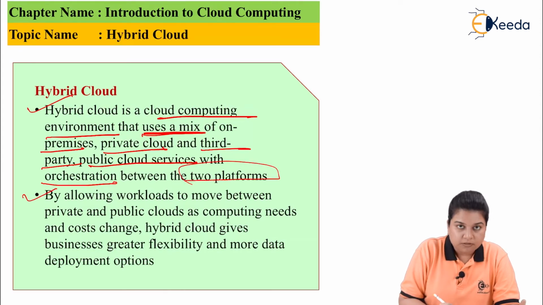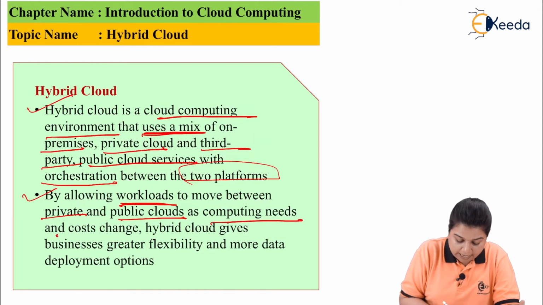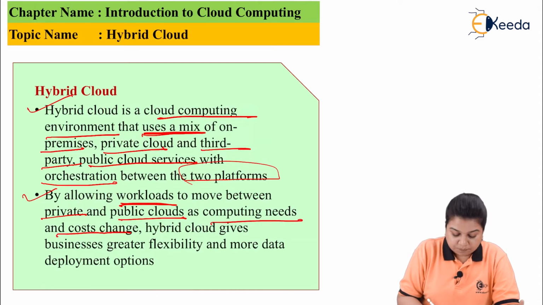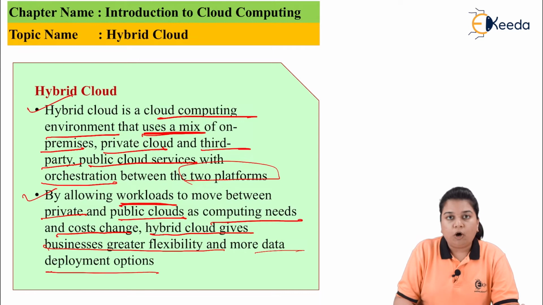Okay, and the second one is, by allowing workloads to move between private and public clouds as computing needs and costs change, hybrid cloud gives business greater flexibility and more data deployment options.